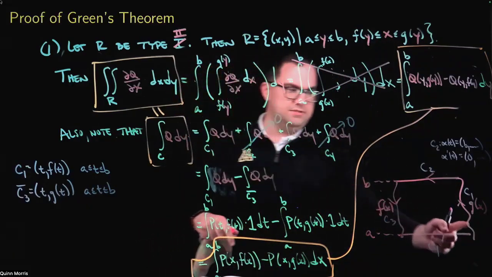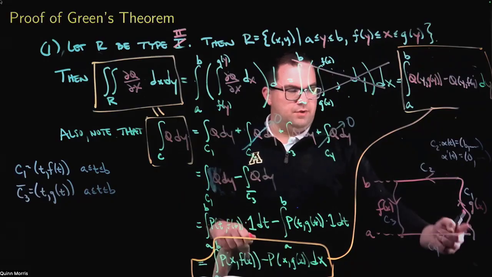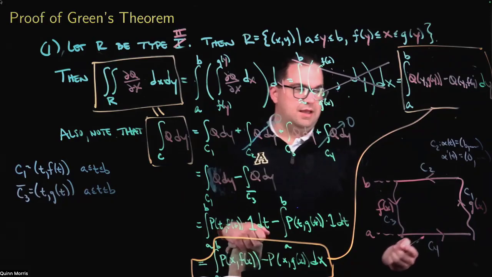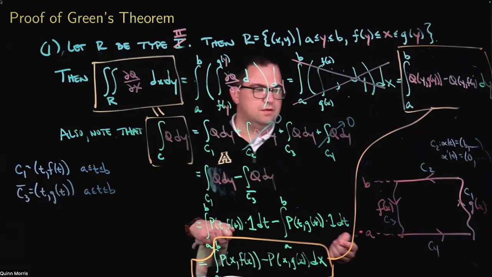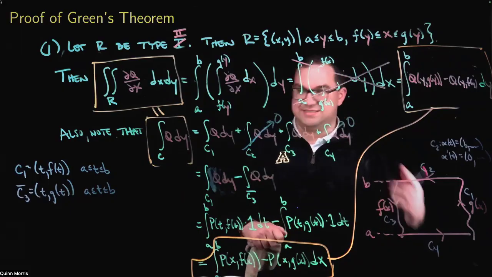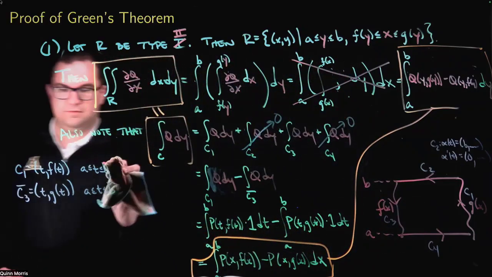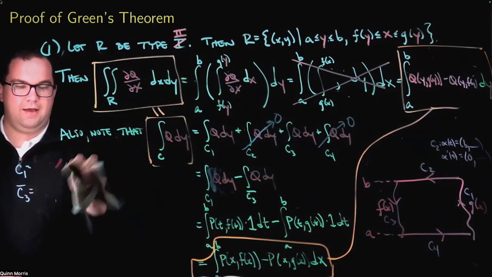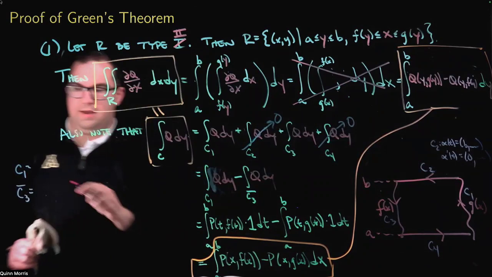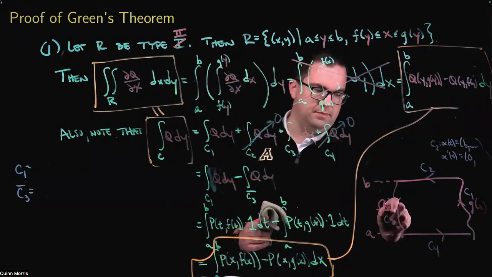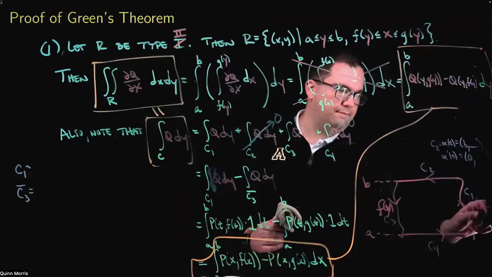And so you get the same thing as before in this direction, right? You can parameterize this curve C1 now as g of t comma t. The problem here is that these should be functions of y, right?